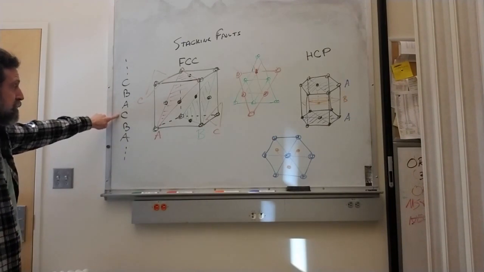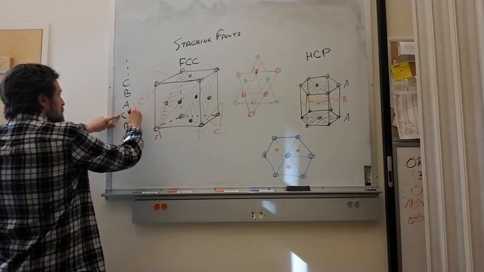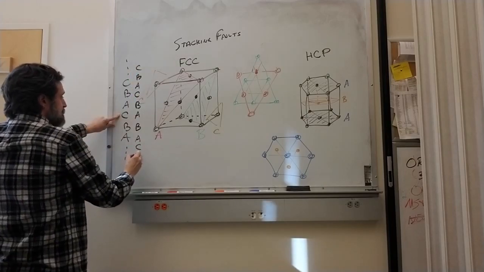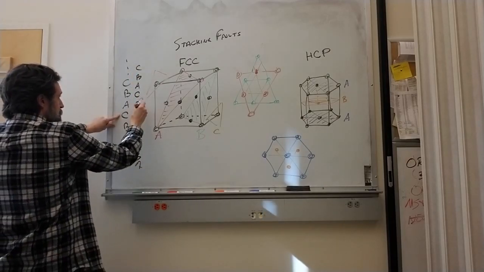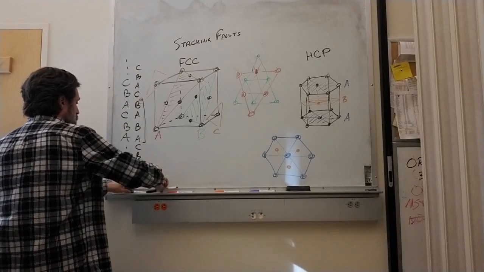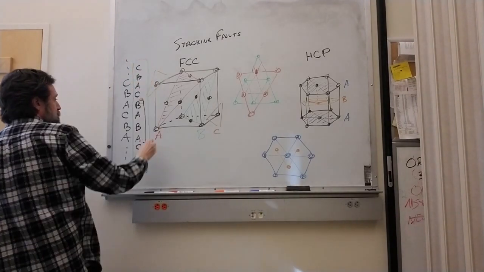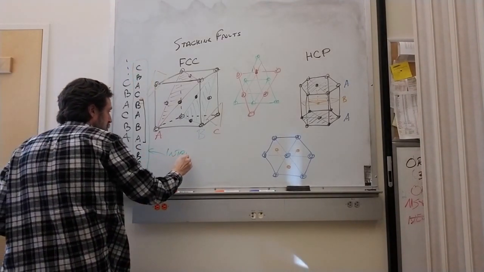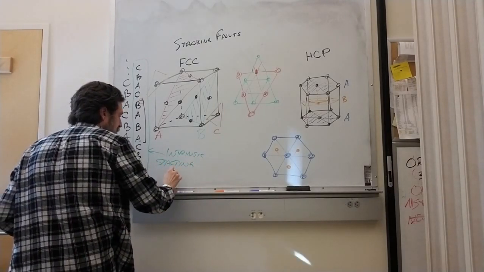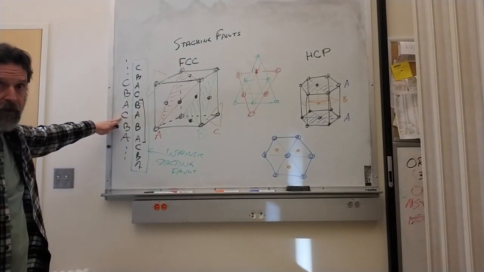So for example, if I took this C out, I would have A, B, and then A, B, C, A, B, C, A, C, B, A. So right in here, I've created an intrinsic stacking fault by removing the C layer.